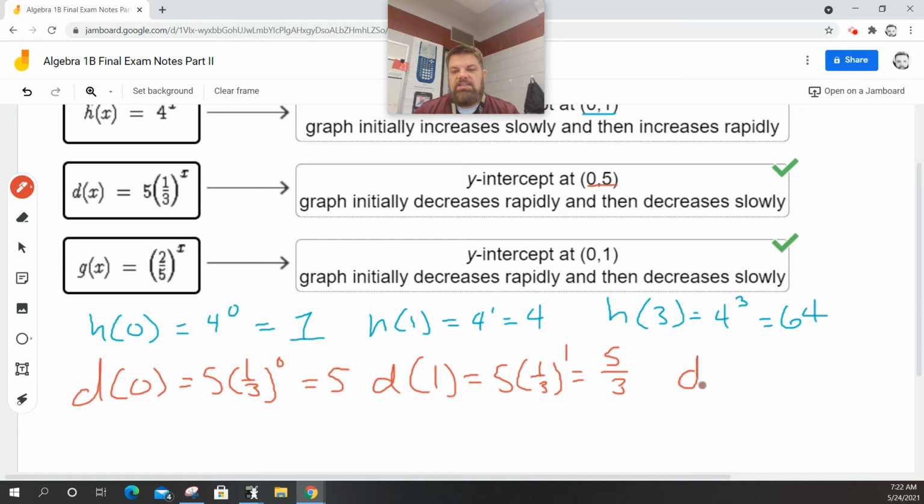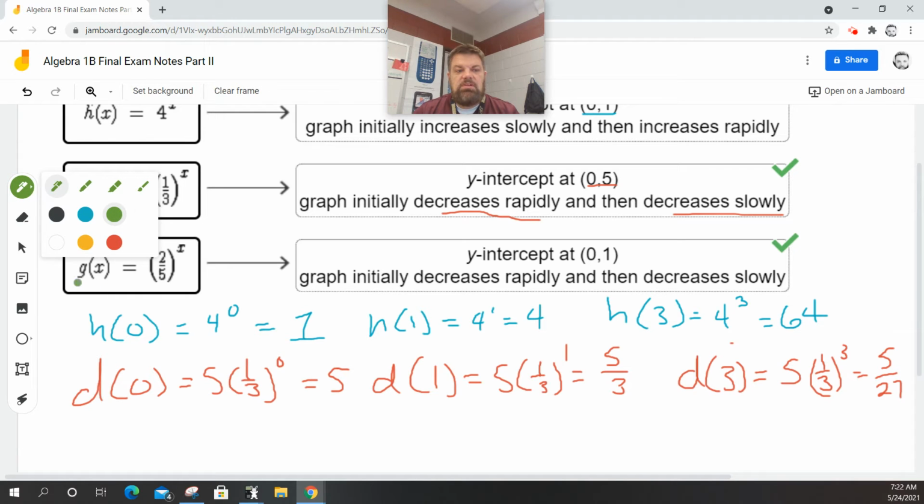Now d of 3 is equal to 5 times 1/3 raised to the 3. That's equal to 5 over 27. So it's decreasing. This number will start to approach 0. Okay, so it decreases rapidly, and then it decreases slowly.